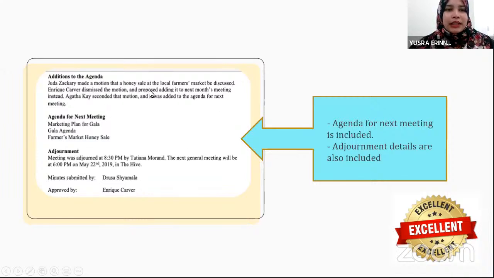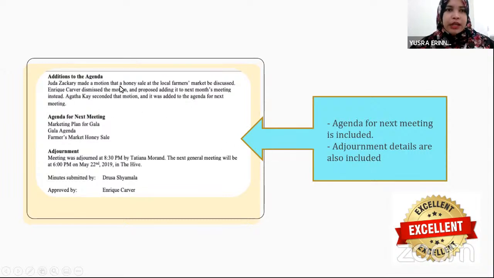So these are the continuation from the one that we saw before: additions to the agenda for the next meeting, adjournment, and minutes submitted and approved by. The agenda for the next meeting is included, and adjournment details are also included.